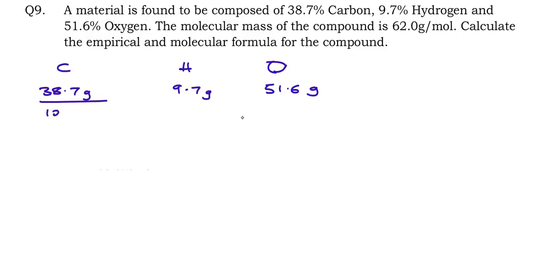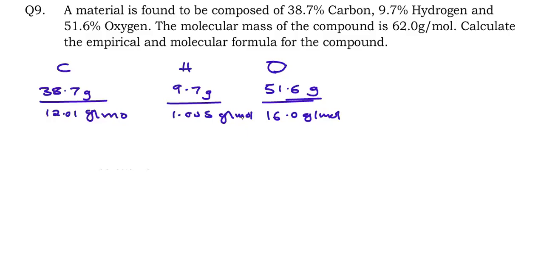We have 12.01 for carbon, hydrogen is 1.008, and oxygen is 16.0. These are in grams per mole.